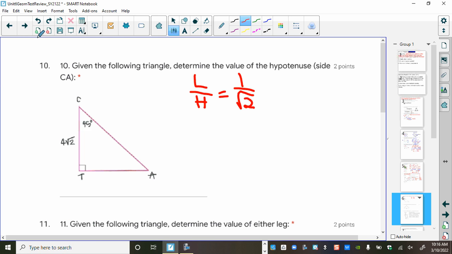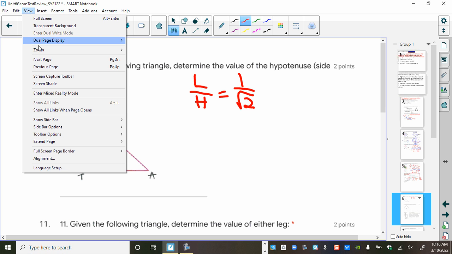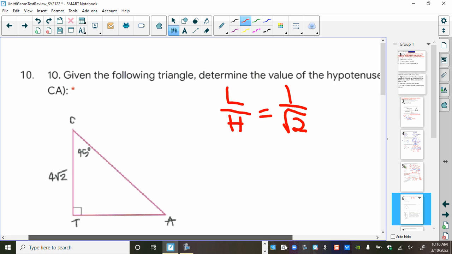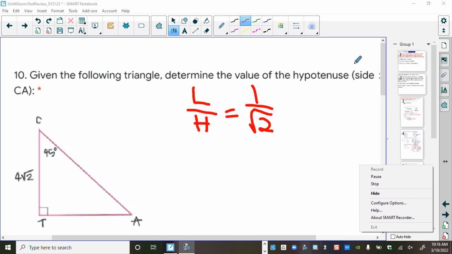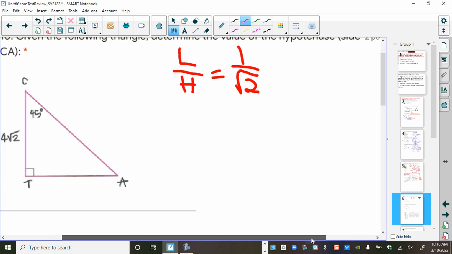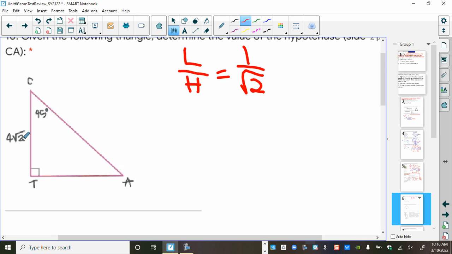All right. First off, let's look at this triangle over here. Let me make this a little bit bigger for all of us. What's given to us? The 4 times square root of 2. Is that a leg or a hypotenuse? That's a leg.